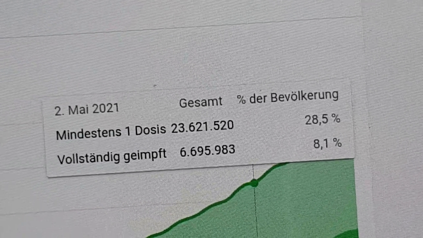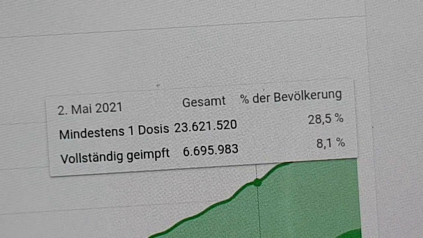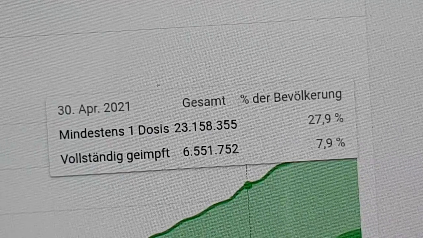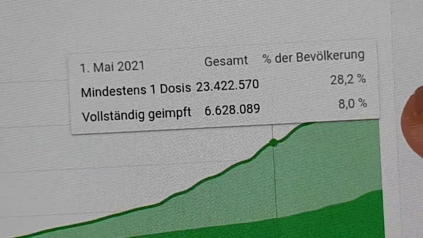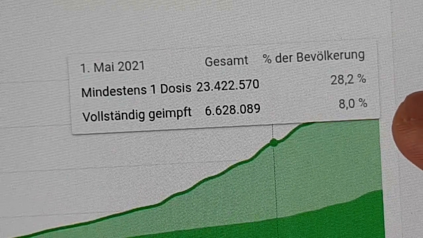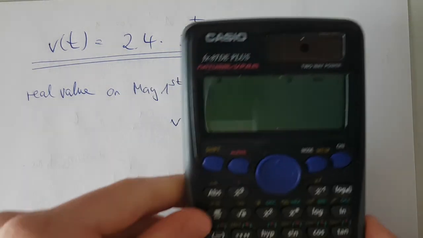So May 1st. There you go. 28.2% is the percentage of vaccinated people on May 1st. So now let's just plug in t equals 89 in our formula.